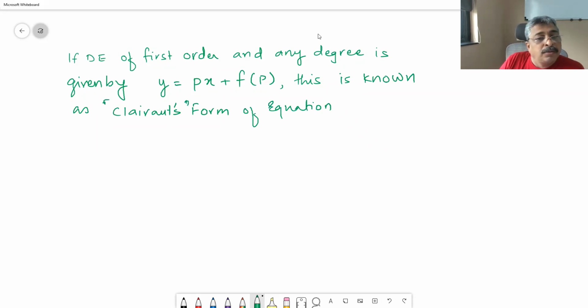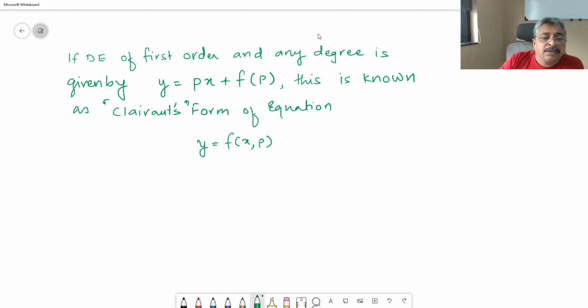Okay. Now, this is supposed to be very simple. So, suppose y is equal to px plus f of p is given to you. That means y is a function of x and p, and especially there is a term px and all remaining terms are with respect to p.